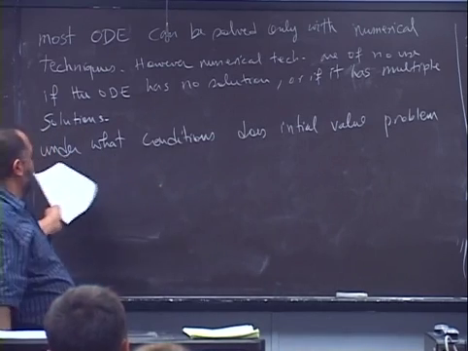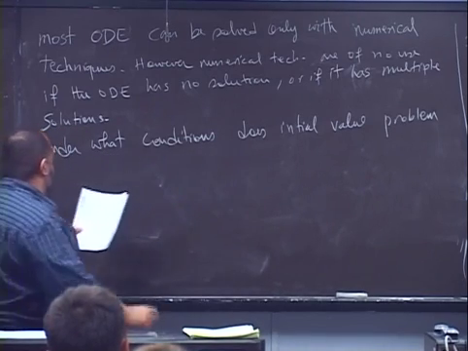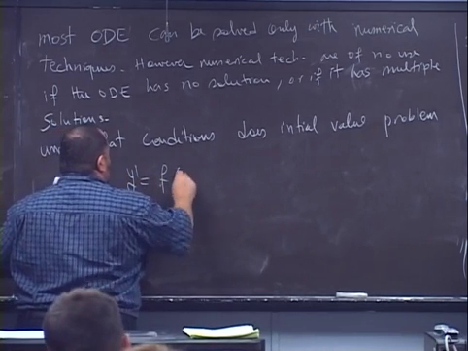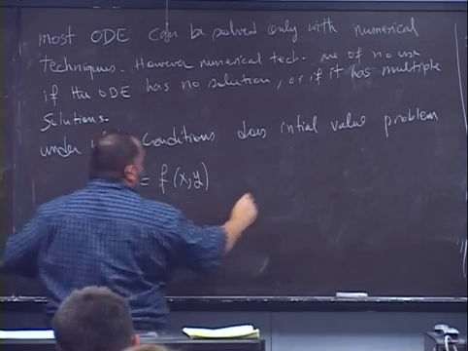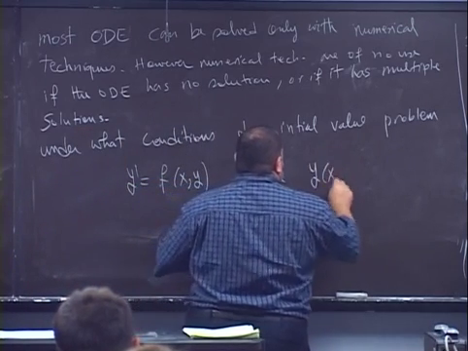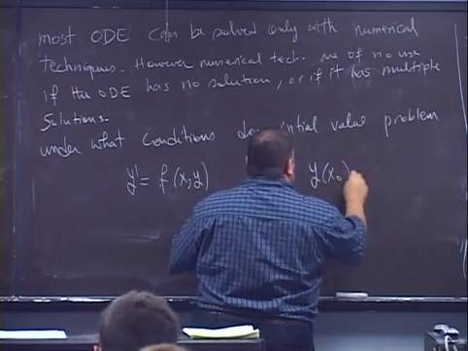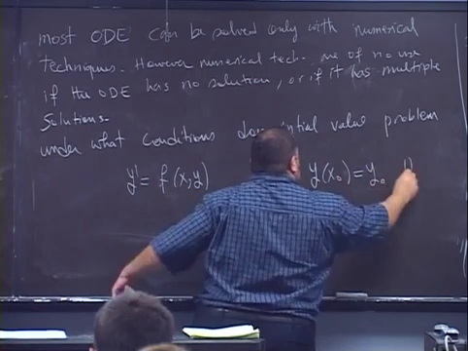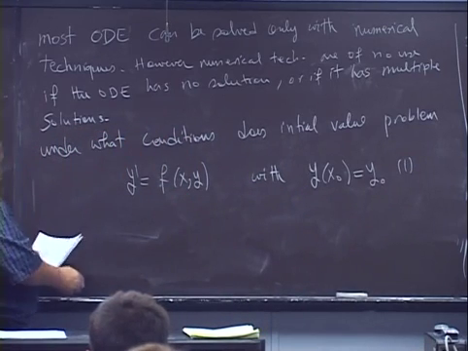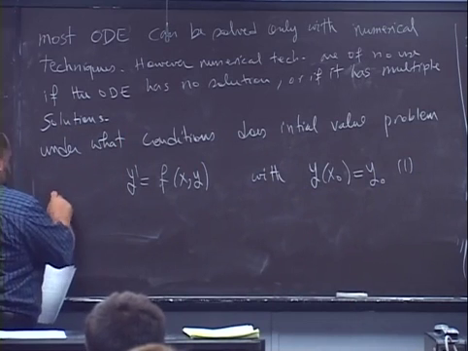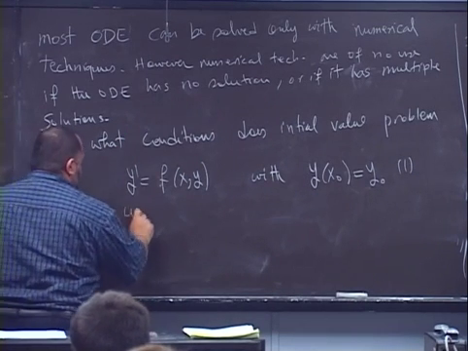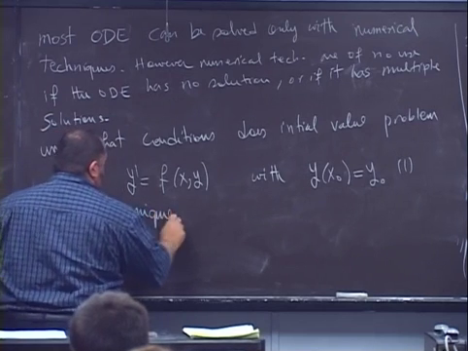So we want to see under what conditions the initial value problem y prime equal to f(x, y), with the initial value y(x0) = y0, we'll call this equation number 1, has a unique solution or not.